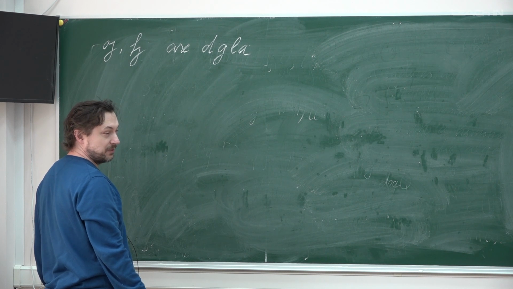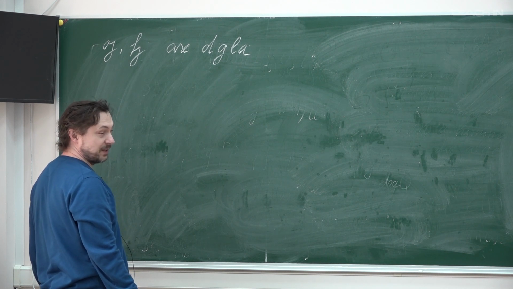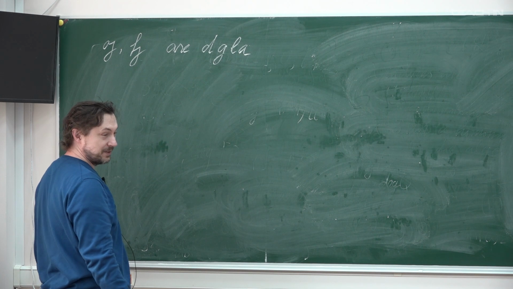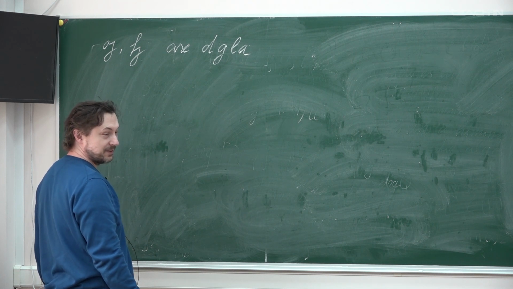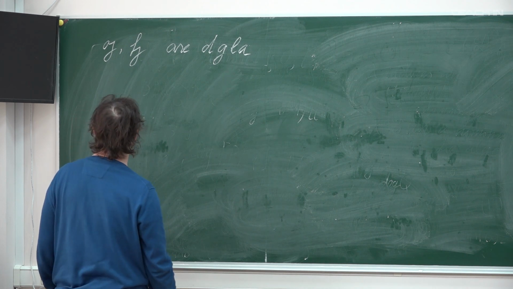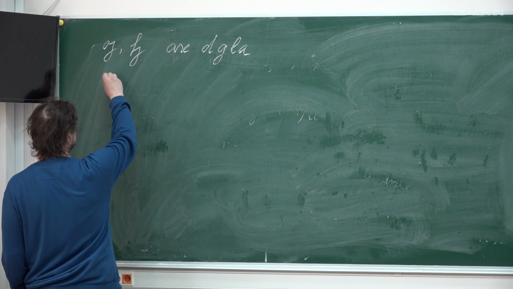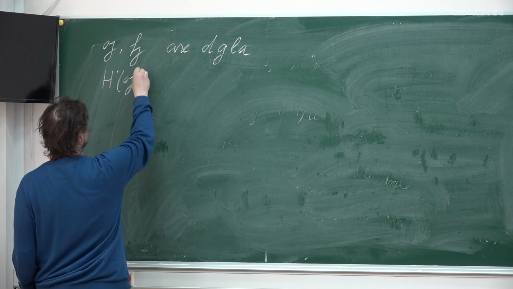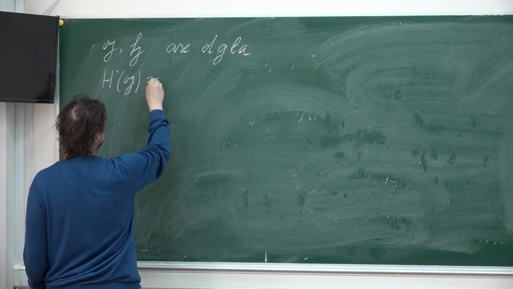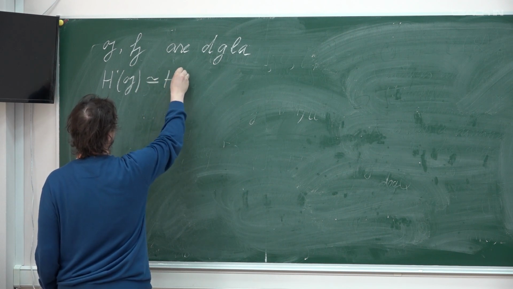If you run across this abbreviation in a text, you should know that it stands for these 4 words: differential graded Lie algebras. Okay. Suppose we know that the cohomology of G is isomorphic to the cohomology of H.